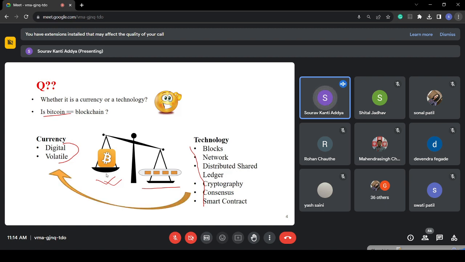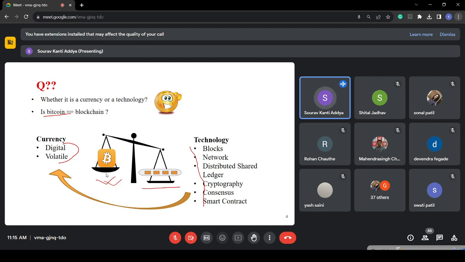So we can say that blockchain is a technology, whereas Bitcoin is an application based on the blockchain concept. Or more precisely, Bitcoin is one type of blockchain adopted to develop the Bitcoin network.